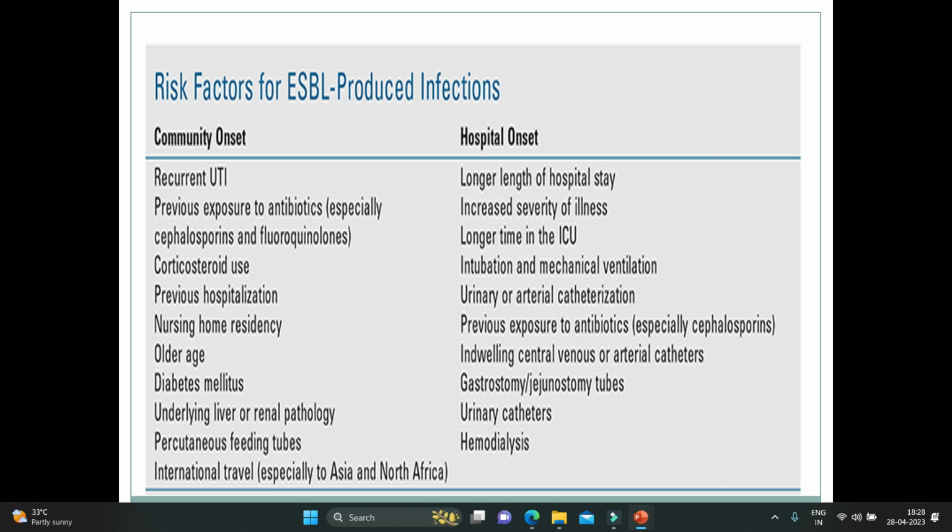These are the most prone countries which contain ESBL infections. Longer length of hospital stay, increased severity of illness, longer time in the ICU, intubation and mechanical ventilation, urinary or arterial catheterization, previous exposure especially to cephalosporins, central venous or arterial catheters, gastrostomy, urinary catheters, and hemodialysis.